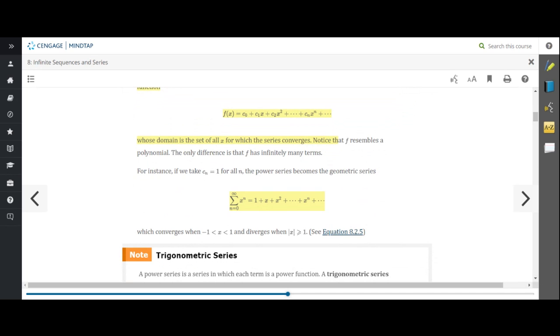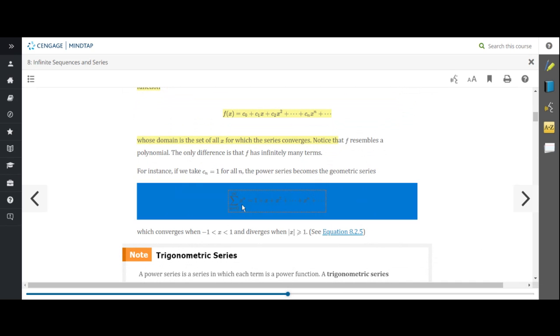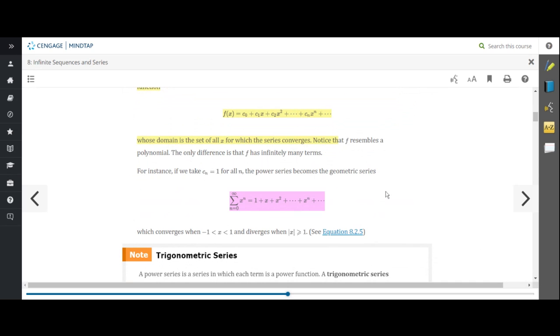The power series here that I've highlighted, where n equals 0 to infinity of x to the nth power, that's 1 plus x plus x squared, and you keep going. This series is a geometric series with a common ratio of x, right?